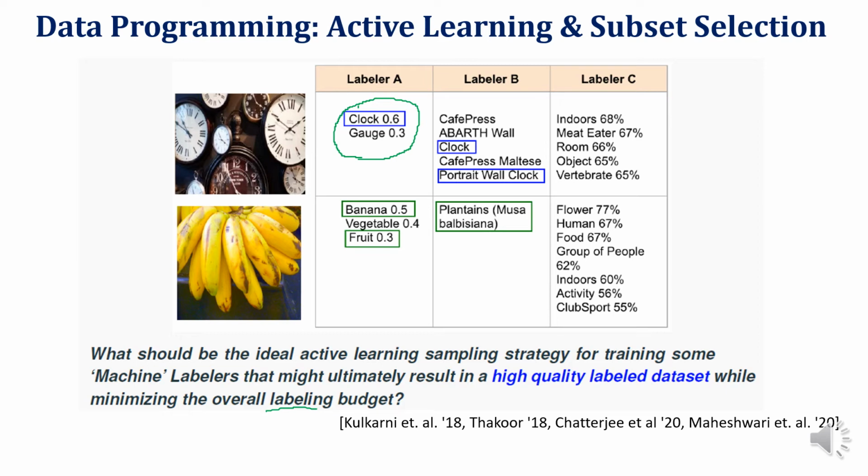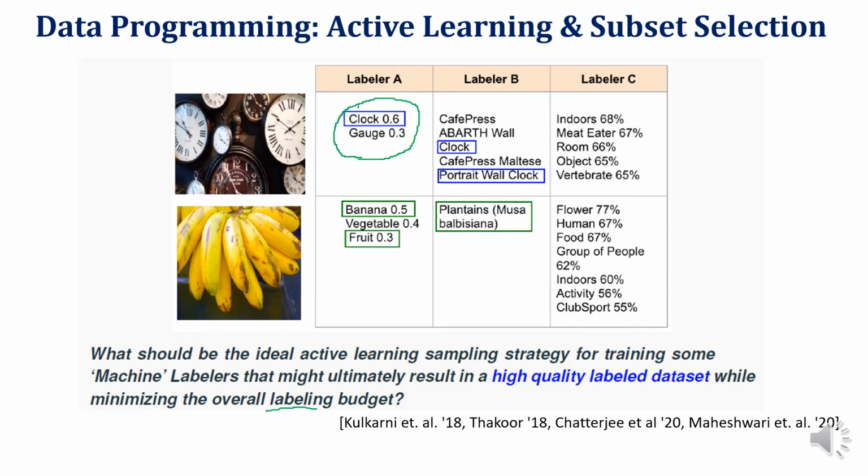So that by introducing these examples, for example the one here, the clock and gauge, there seems to be too much confusion even with a more reliable labeler A. So should these examples be labeled and therefore complement the labeling function or the rule to overall result in a very effective and high quality labeled data set.